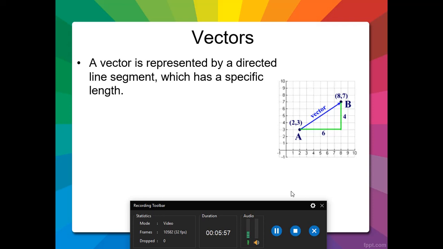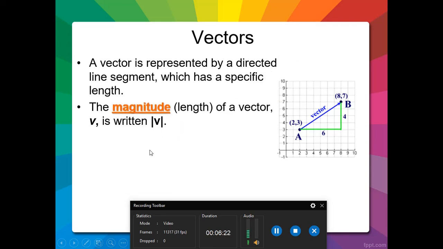So with a vector, this is a directed line segment. We did talk about directed line segments when we were partitioning, finding point P, 2/3, 3/4, somewhere along the path. So your directed line segment has a length and it can be measured. So even though we didn't move on that straight line path, we could still calculate the straight line distance.